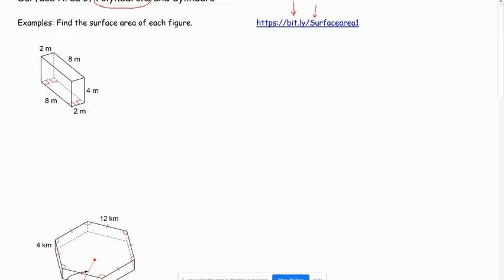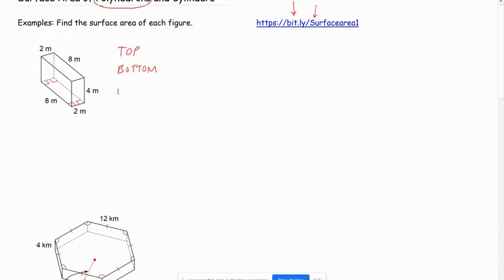I'll start with this first example, which is a rectangular prism. We have 6 faces altogether: a top, a bottom, and then 4 walls. The 4 walls, we refer to as the lateral area. Whenever we say lateral area, just think of the walls. So we have 2 bases, the top and the bottom, and then we have 4 walls.